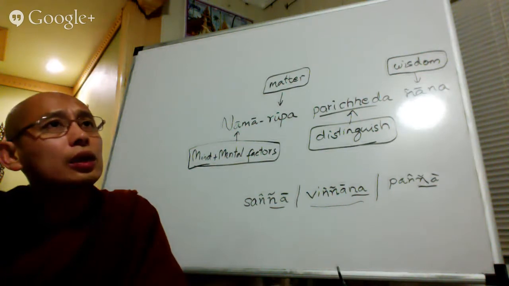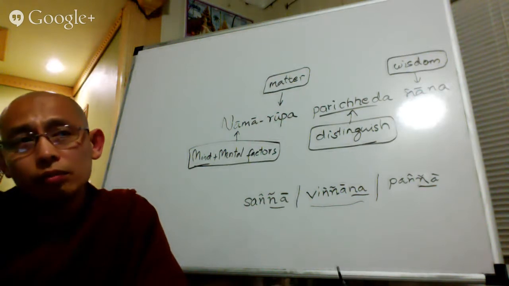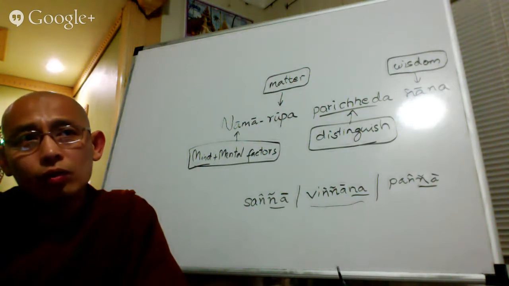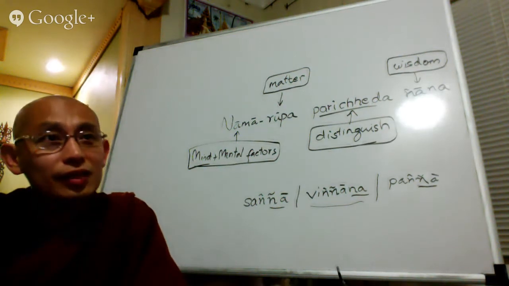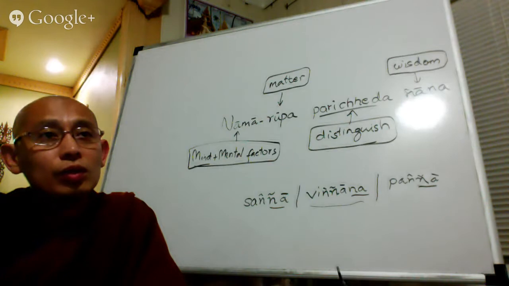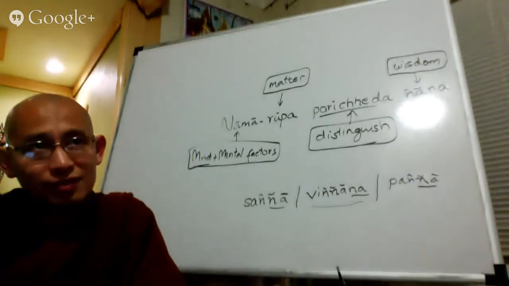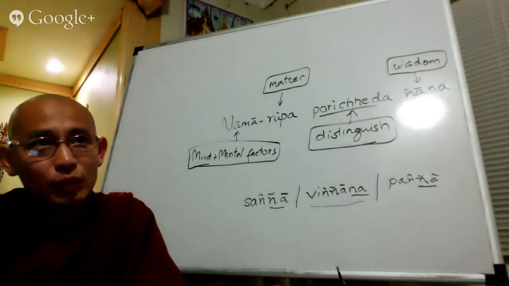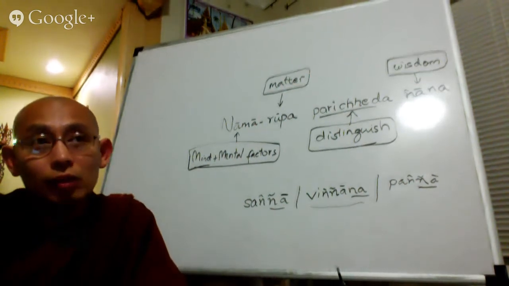And form sphere consciousness, we need jhana, you know? Jhana level. So form sphere consciousness is always with wisdom. Without wisdom, we cannot attain the jhana level.